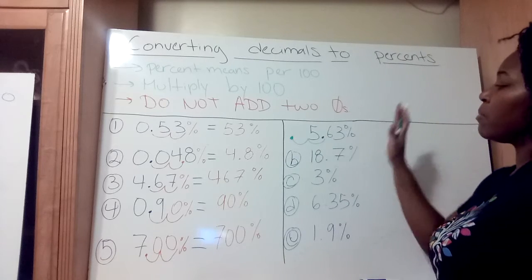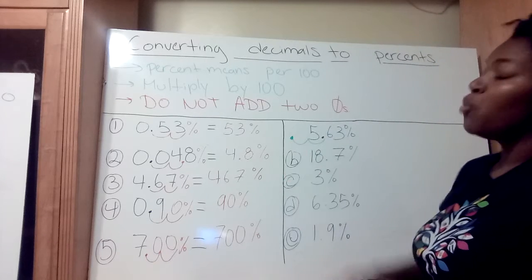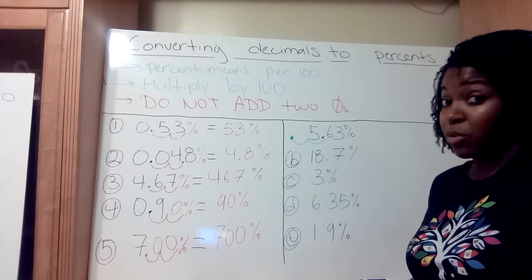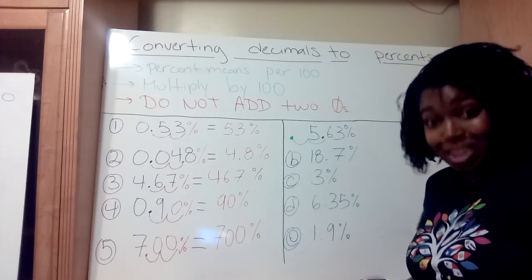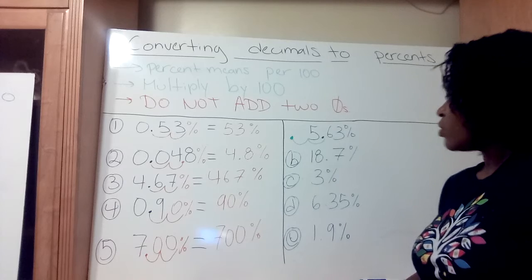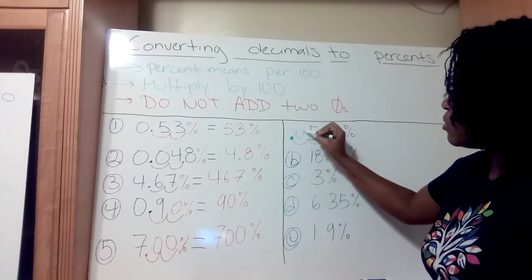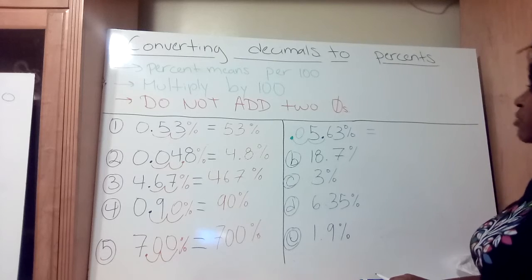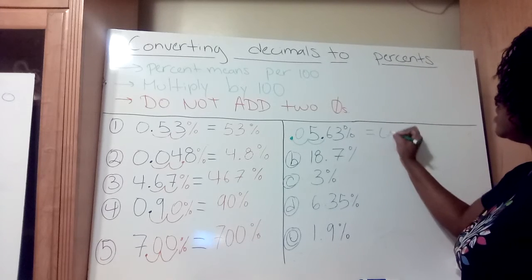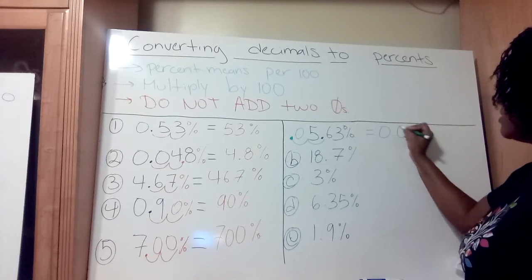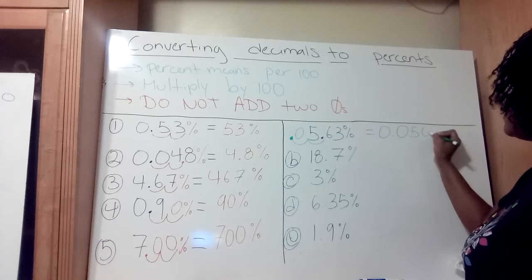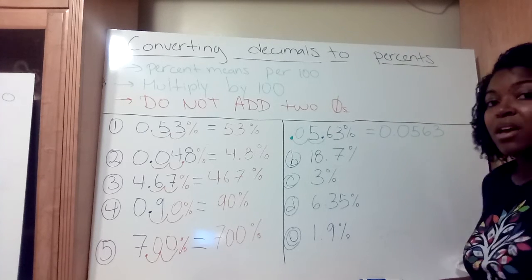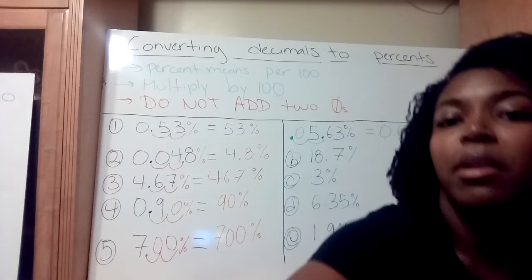Now, since we're going from a percent to a decimal here, we don't need a percent sign in our final answer. We're not converting it to a percent. We're converting it to a decimal. So we need a decimal point in our final answer here. So I have a 0 placeholder, and my new value is going to be represented as 0.0563.